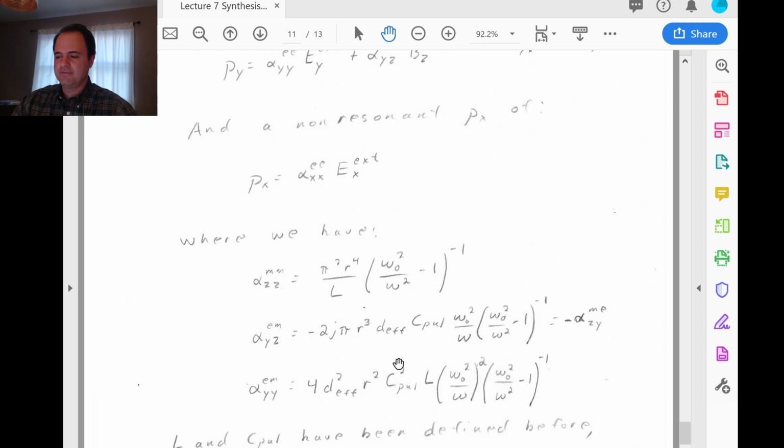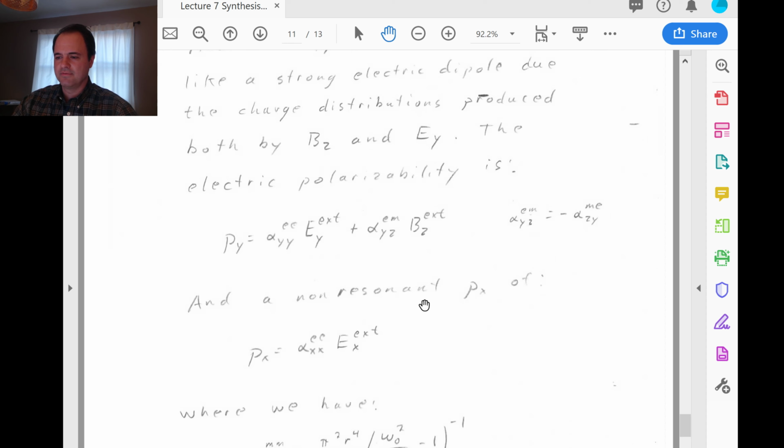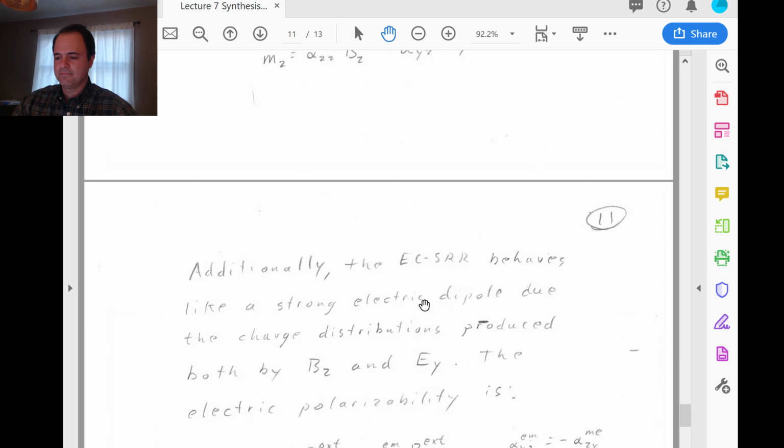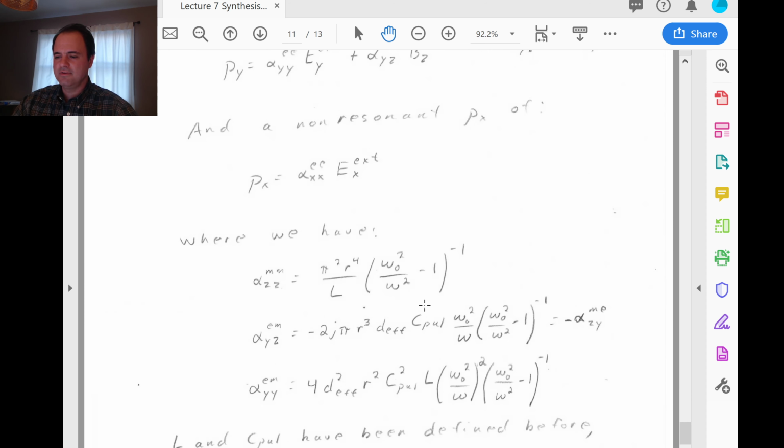So combining all these things, putting in what my various values are for the alpha YZs and the alpha ZZs, we collected all the equations right here. Okay.